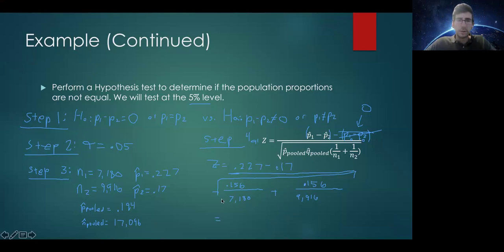So now if I take 0.227 minus 0.17, I get a difference of 0.057 on the top. This is the numerator up here. Now let's do 0.156 divided by 7,180.